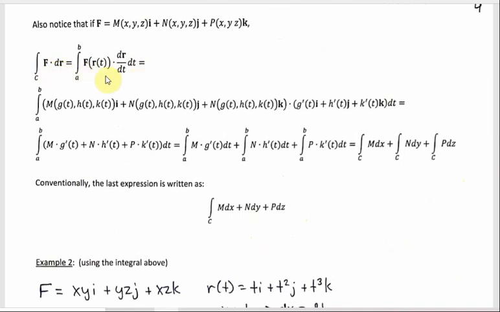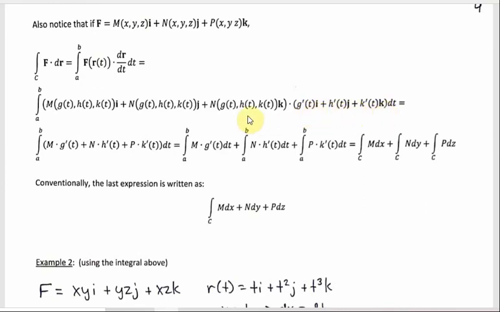But then if you sub everything in, and this is one enormous looking integral, this huge set of parentheses right here, this is just f of r of t, right? Where m now would be in terms of g of t, h of t, and k of t instead of x, y, and z. Same for n, and that should be a p, not an n right there. Then the dot product would be with r prime of t or dr/dt, right?